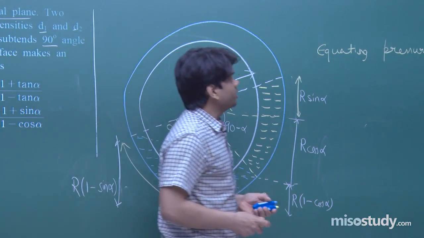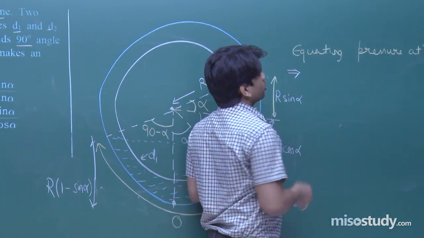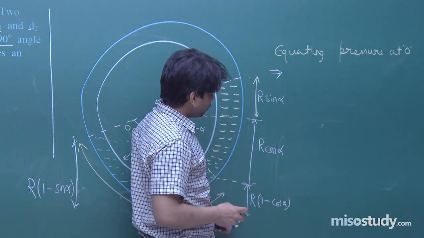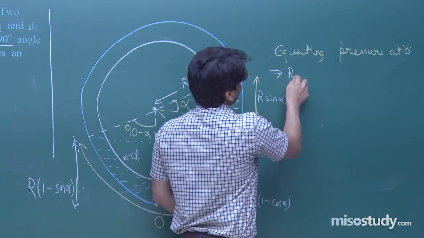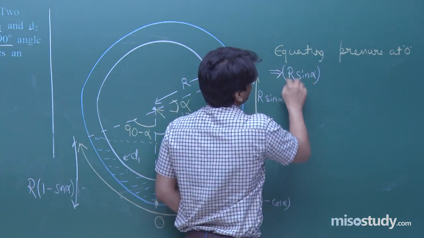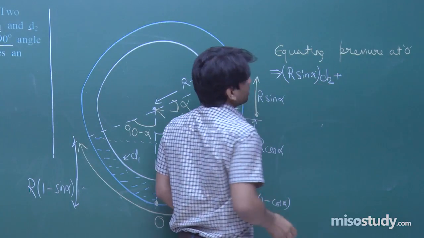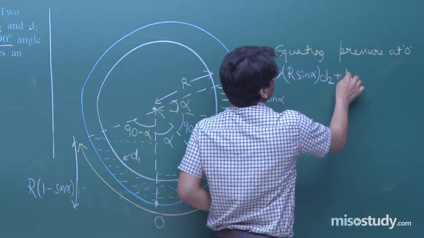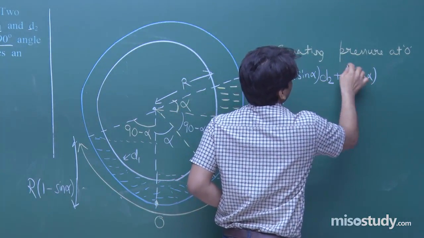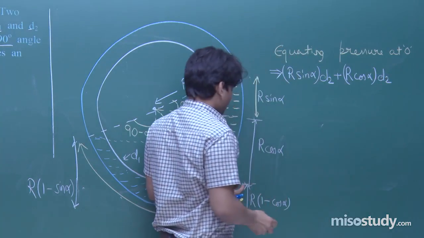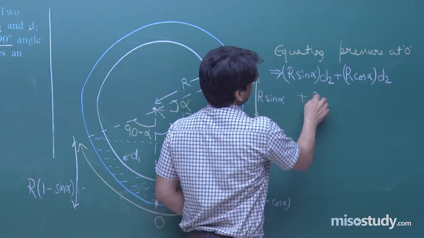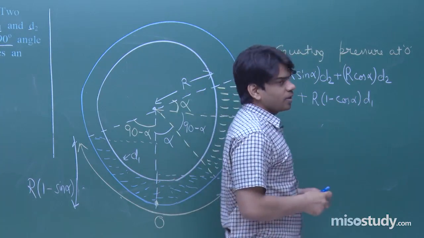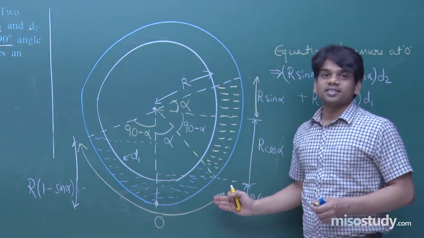Let's go ahead and equate the pressure. Pressure due to the right end: R sin α D2 plus R cos α D2 plus R(1 − cos α) D1, because the liquid in this part is the other one, of density D1.